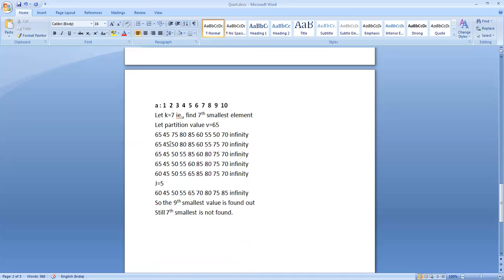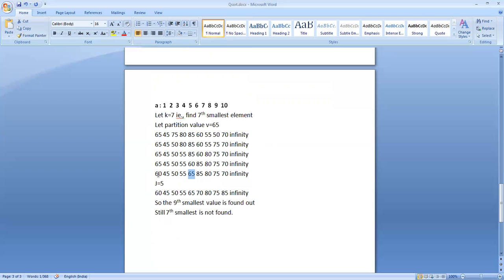Now, when you apply this partition algorithm to this list of numbers, at the end of this pass, this 65 is placed in this location. Okay, what is this location? 1, 2, 3, 4, 5. So this is the fifth location.